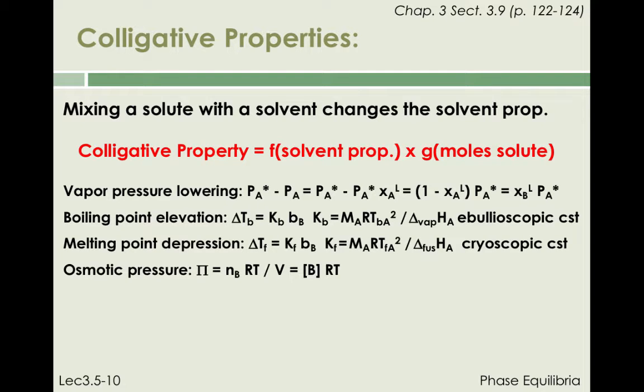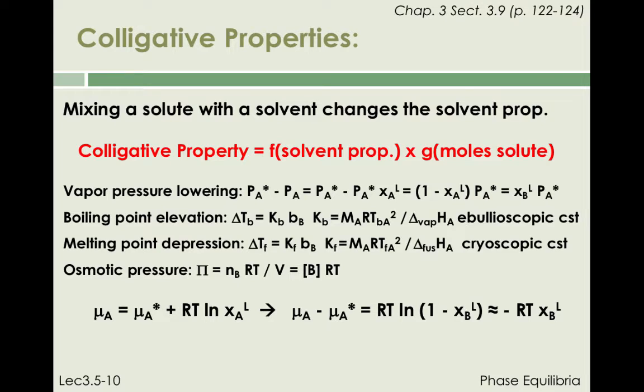Finally, osmotic pressure, the topic of our next lecture, is one of the most important colligative properties in the life sciences. We will show that the osmotic pressure, pi, is proportional to the number of moles of solute B in an expression that looks very similar to that of the ideal gas law.